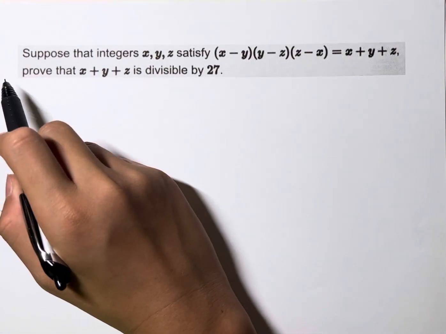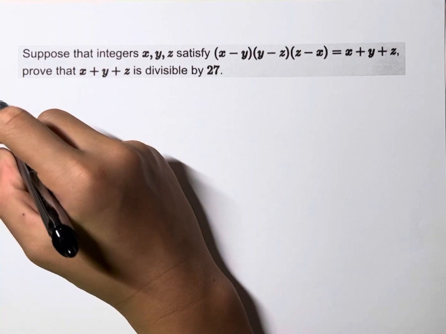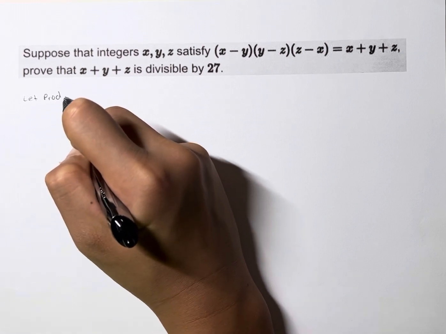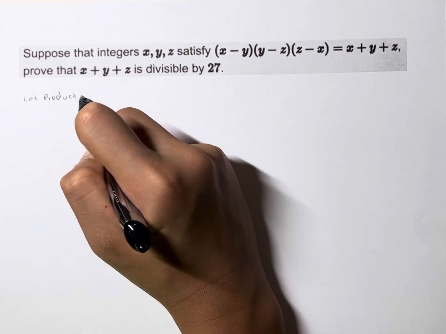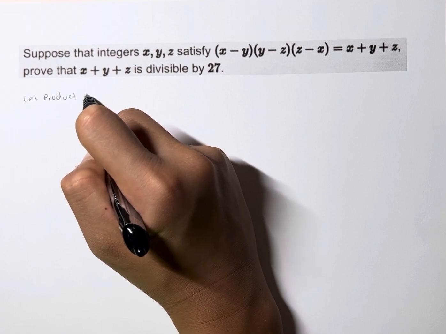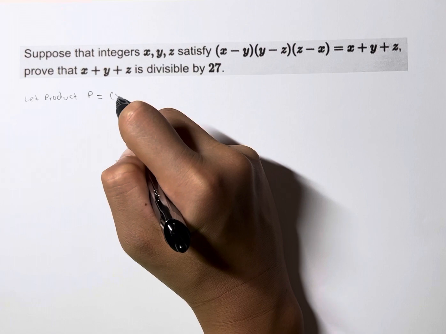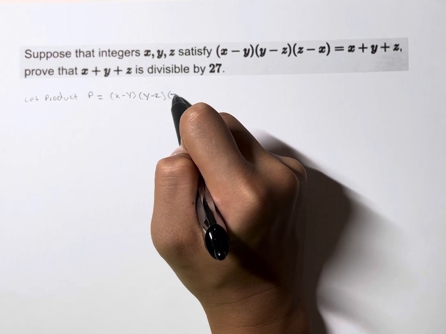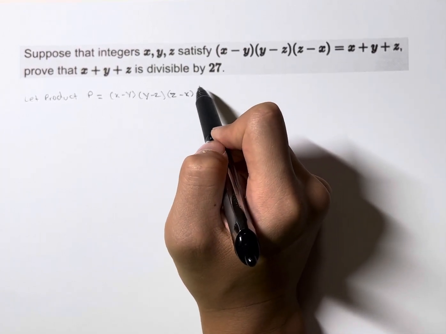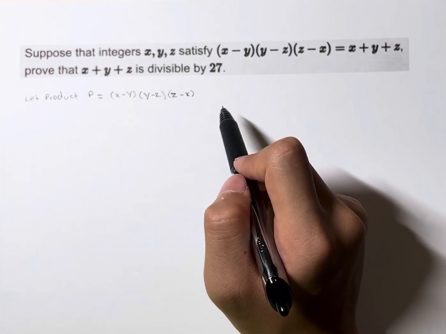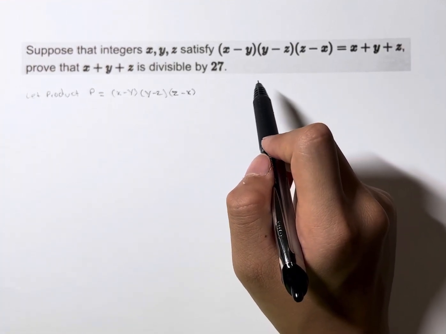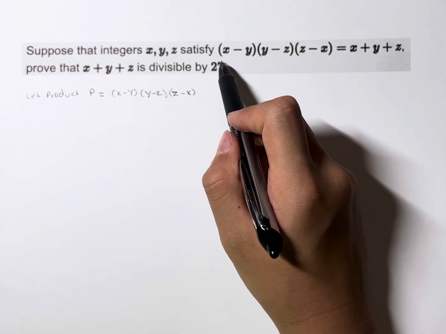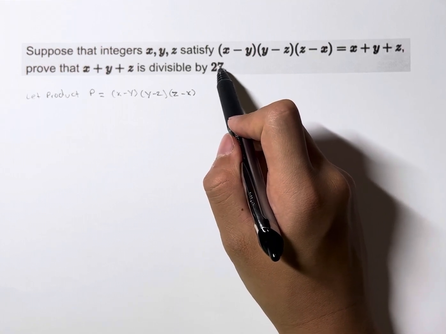So now, you can let the product equal P. First of all, since the question is asking about divisibility by 27, we know that 27 can be broken down into 3 times 3 times 3.